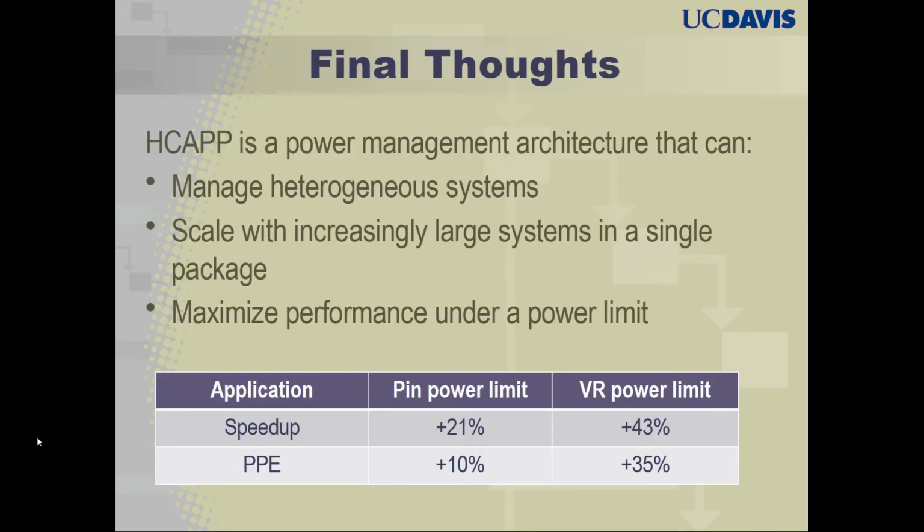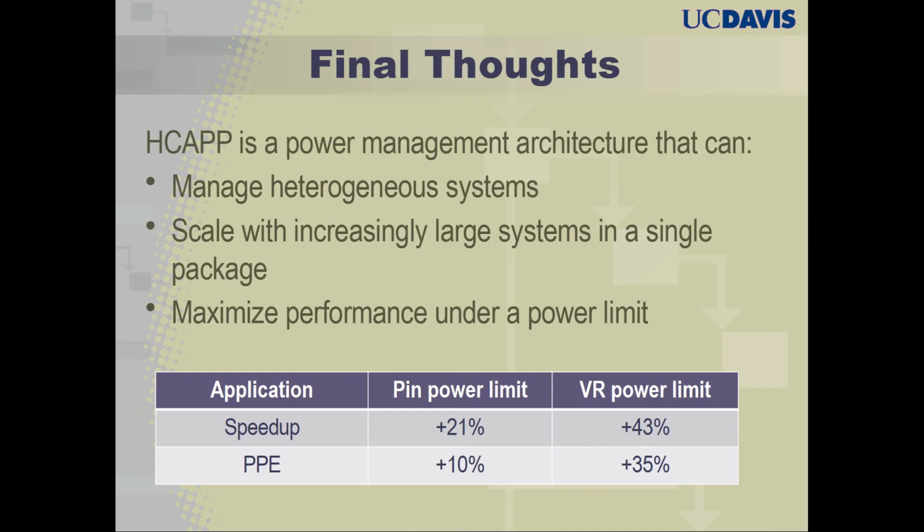So just some quick final thoughts. HCAPP is a power management architecture that can manage heterogeneous systems. It can scale up to the 2.5D integration and really handle those large systems by having decoupled control. And then we'll maximize the performance under the power limit by really utilizing the power available in the system due to the over-provisioned package power pins based on those high maxes and lower averages, kind of squeezing those together.